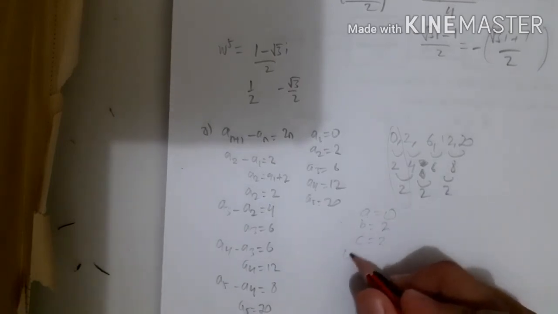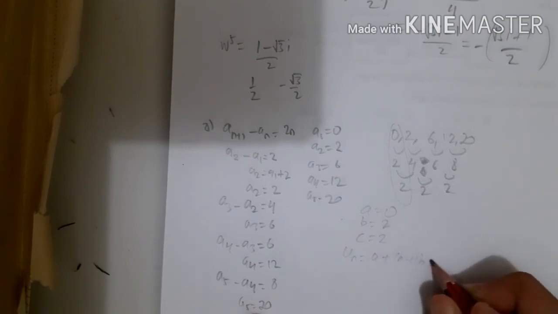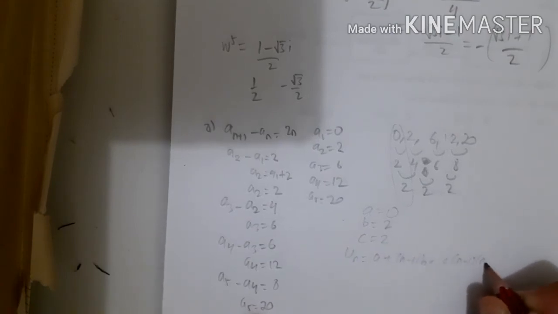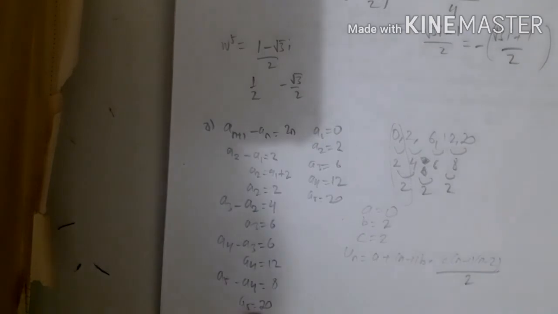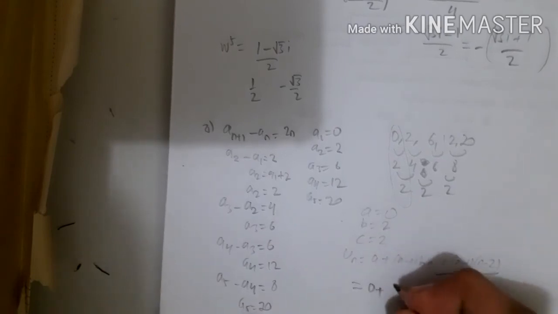So the general term for that is actually A plus (n minus 1)B plus C times (n minus 1)(n minus 2) over 2, right? And you can see that that will be A, which is 0, plus (n minus 1) multiplied by 2.